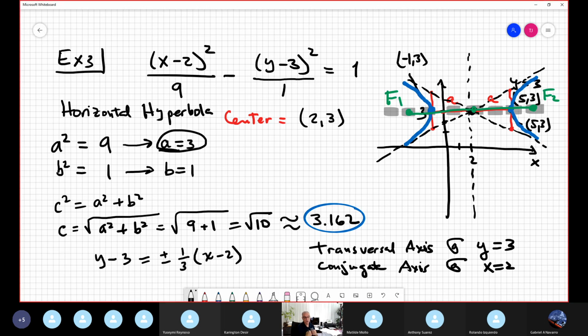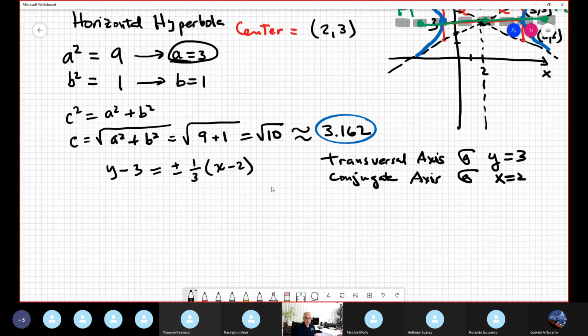Que es h. I don't know if you remember from intermediate algebra, the equation of the line: y minus y1 is equal to m times x minus x1. And this form is called point slope form.